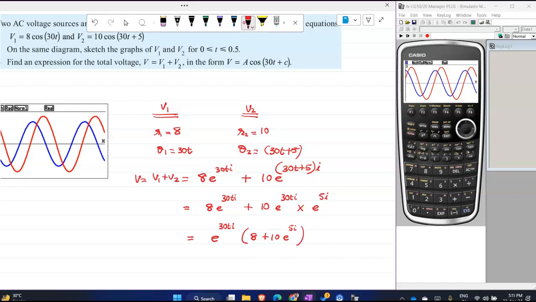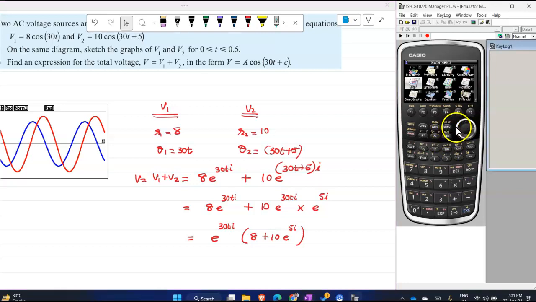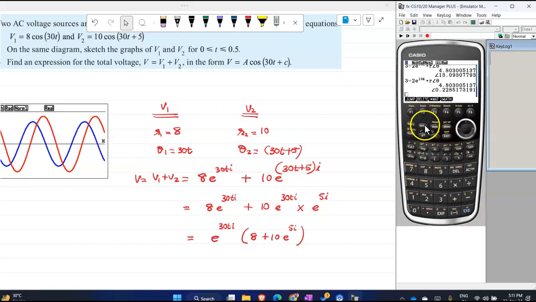Now use your calculator and combine this into a single function. So go to menu, run matrix, go to option, complex. So you can write 8 plus 10 angle 5. Your angle is 5.